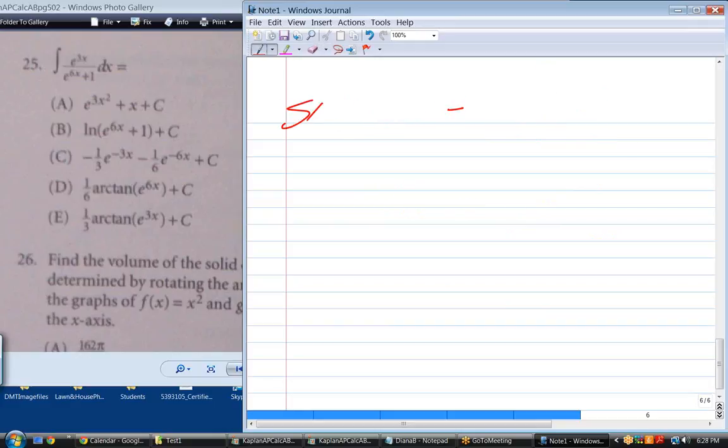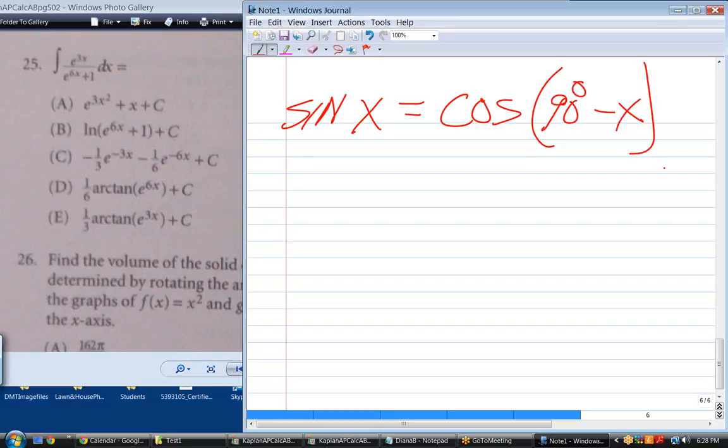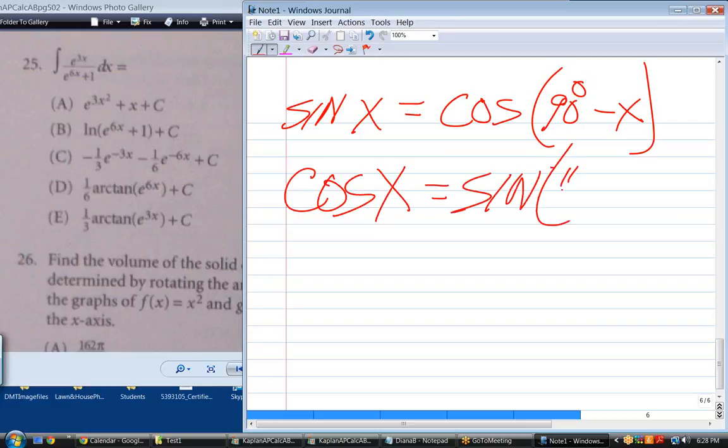And the property is the sine of x equals the cofunction of 90 degrees minus x, or pi over 2 minus x. This is the relationship of all cofunctions. And in fact, cofunction of x equals the sine of pi over 2 minus x. Notice that the sine of 30 degrees is 1/2, and the cosine of 60 degrees is 1/2. So if I put 30 degrees in here, that means the sine of 30 equals the cosine of 60.